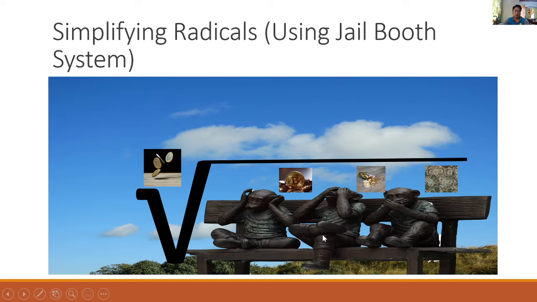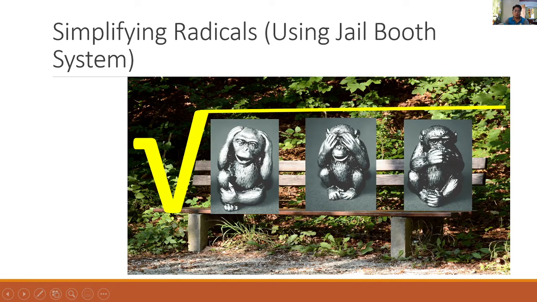So para mas maintindihan, i-move natin, lagyan natin ng mga values yan. Ito. So, dinala yung 3 unggoy, nice, sa kulungan, which is the radical. At ang sinabi sa atin, makakalabas lang kayo kapag magbabayad kayo ng 3 piso. So, ito yung index natin, 3 pesos.